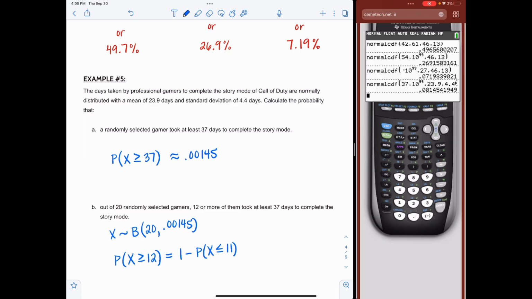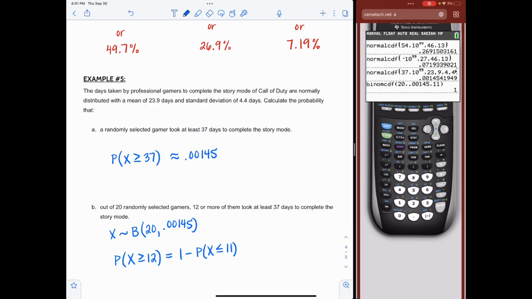So when I do that, I go to second vars. I'm going to go to binomial CDF. The trials is 20 because that's the number of people. The probability of success is 0.00145. The x value that we're looking at, we said 11 or less.